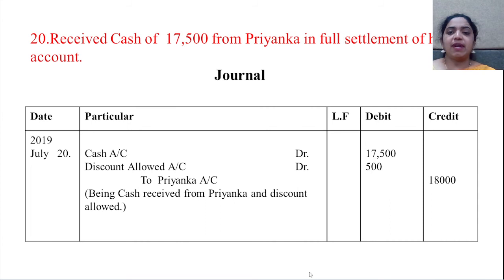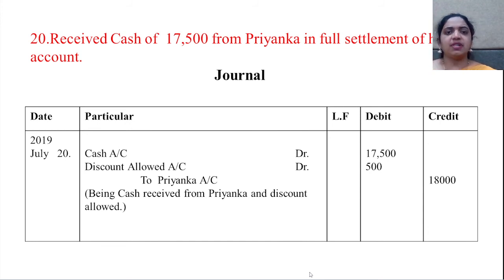For this, you have to write this journal entry: cash account debit 17,500, because that is how much cash you are receiving. Discount allowed account debit 500. Now I told you how 500 came. This Priyanka is connected with the last transaction where you sold goods of 20,000 rupees to Priyanka at 10% TD, and you got the answer 18,000.